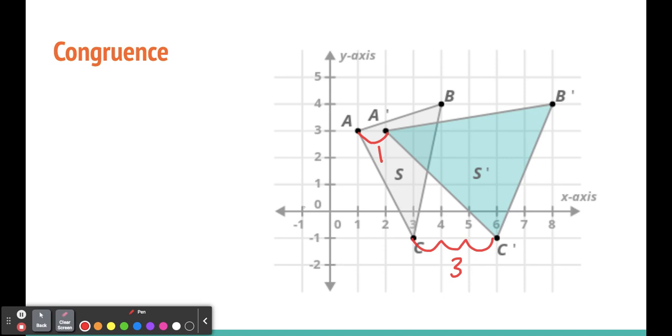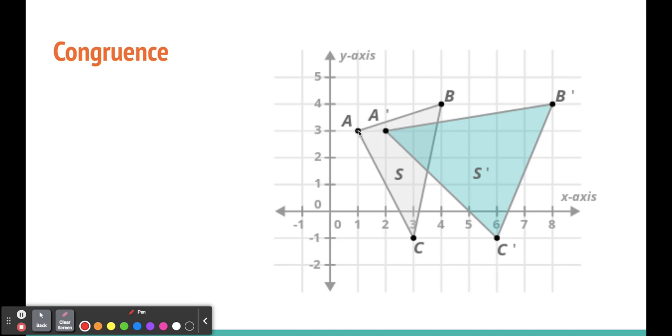But I can also use what we've talked about the last couple days, my side lengths, to prove that they are not congruent. For example, I could look at how the distance between A and B, and A prime, B prime compare.